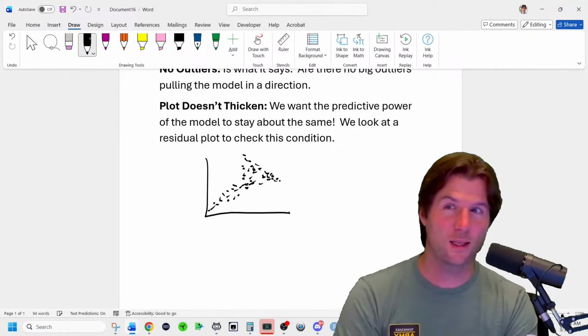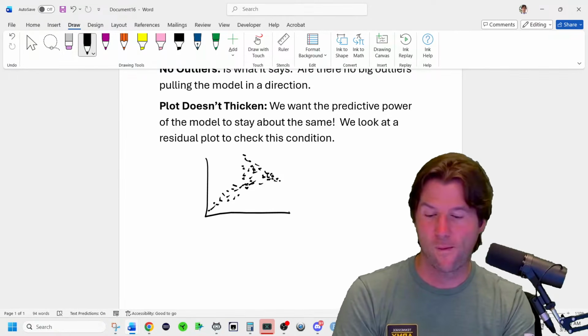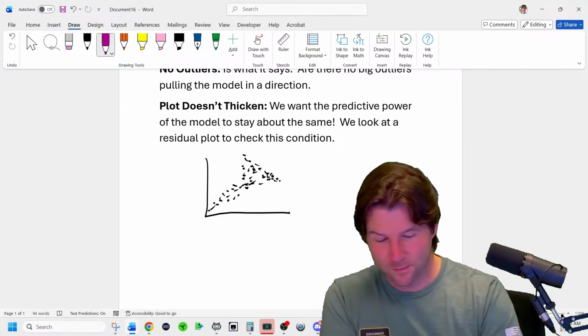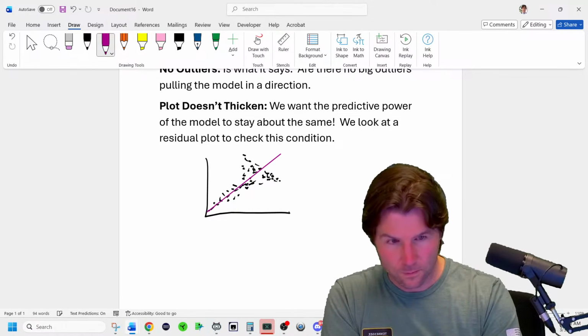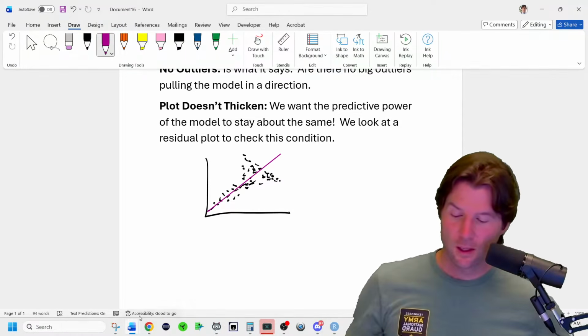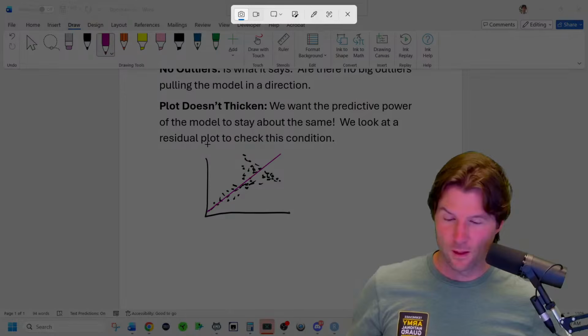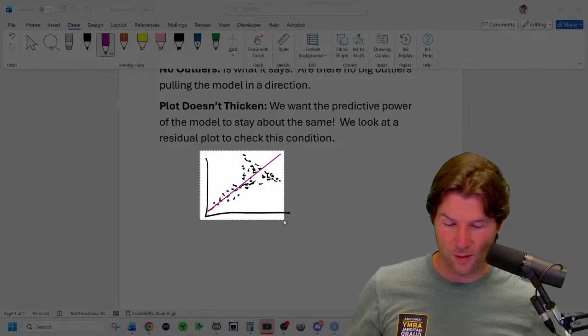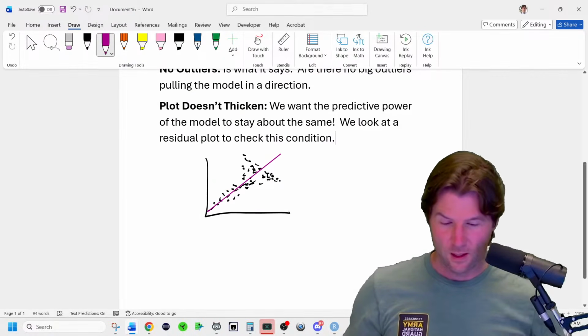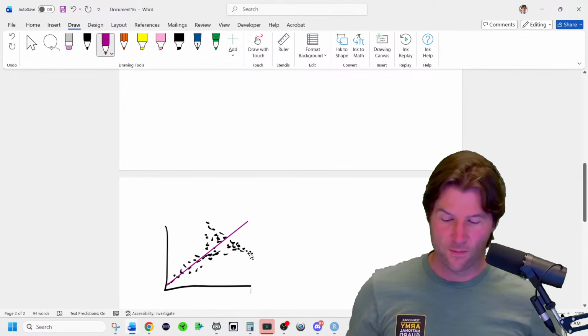Does this one have plot thickening? Yes or no? Does this model? Oh, it definitely does. Yep. So to make a residual plot, you simply take your plot right here of your regression and you make it flat.